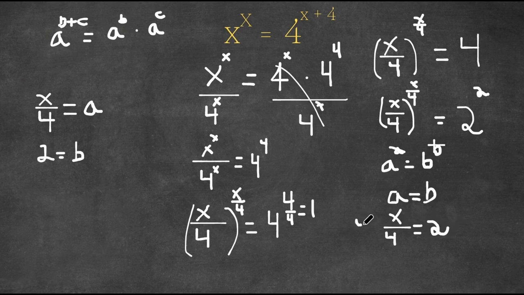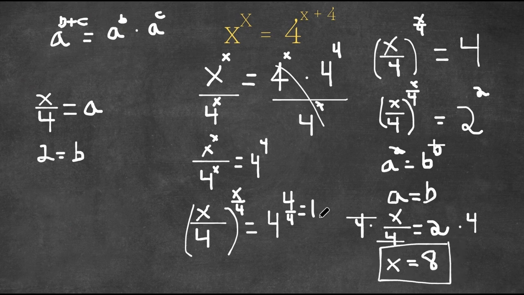If we multiply both sides by 4, these two would cancel out, so we'd be left with x equals 2 times 4, which is 8. So x equals 8.